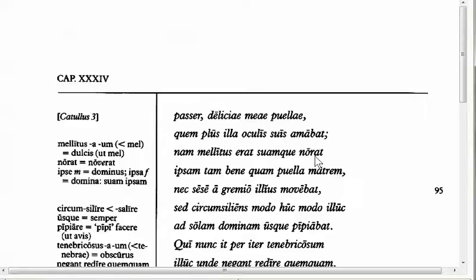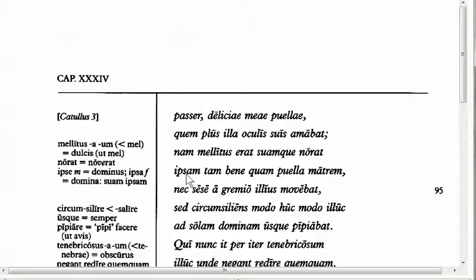So norat is actually short, we see in the margin, for noverat. So this is our pluperfect indicative active from noscere, to know. Again, it's pluperfect, but it's going to be translated as perfect, just like the perfect of noscere is translated as present. So for it was sweet and it knew. It's translated as simple perfect. It knew her own mistress, her very own mistress.